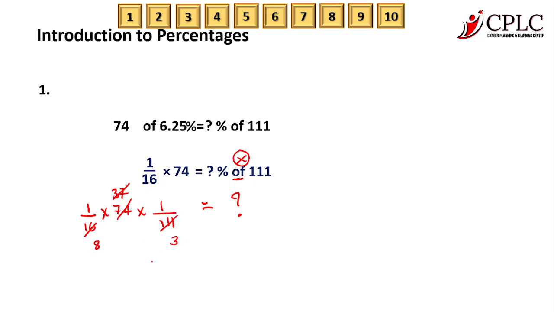So this simply means 1 by 8 into 1 by 3, which again means 1 by 24. And 1 by 24, the percentage, if we ask, I think it should be 4.16 percentage, which is answer option 3 as the answer. And this is the way to solve that question.